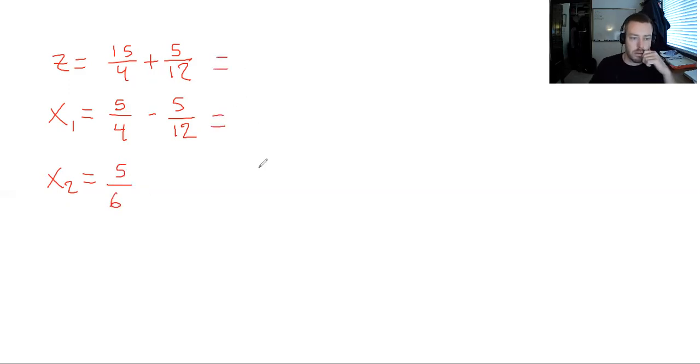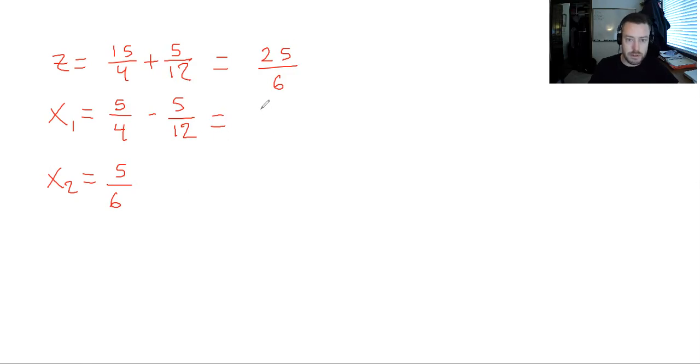Okay, let's go and solve for this guy now. And because I don't want to do this in my head, let's go and use a calculator for this. It would be 15 over 4 plus 5/12. 25/6. All right, we have 5/4 minus 5/12.